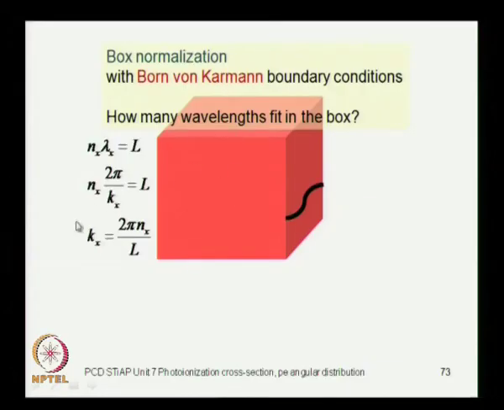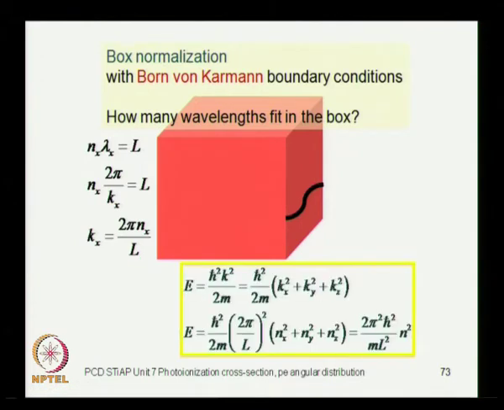So, we will do a box normalization for these states, and because of this boundary condition you have the wave number k which goes as 2 pi n over L for each dimension x, y and z. So, your energy at which this physical process is taking place goes as h cross square over 2m times k square, and k square is kx square plus ky square plus kz square, but kx, ky and kz are now given in terms of nx, ny and nz and the size of the box.